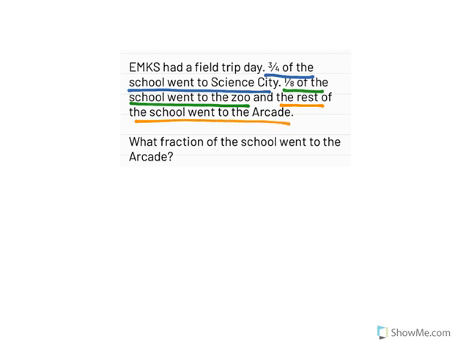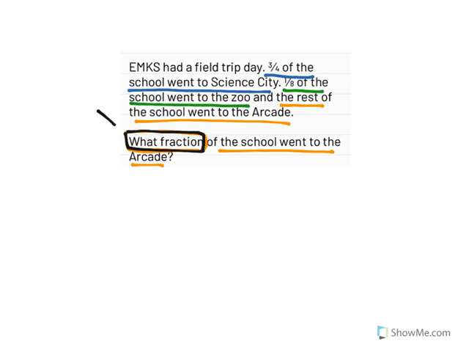The question wants to know what fraction, that's a key word there, what fraction of the school went to the arcade. Notice that they specifically used the words what fraction, not how many students. It wasn't asking for a number of students, it asked what fraction.